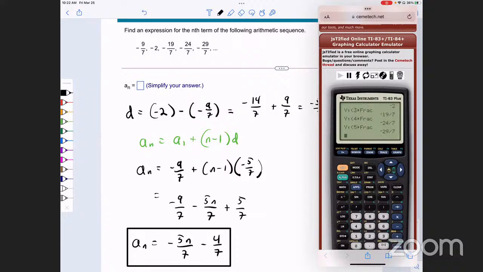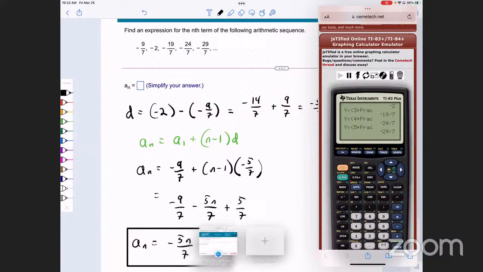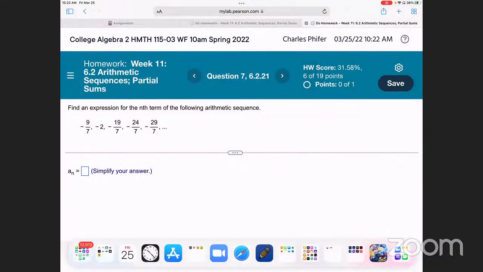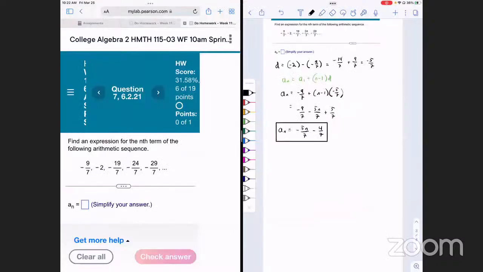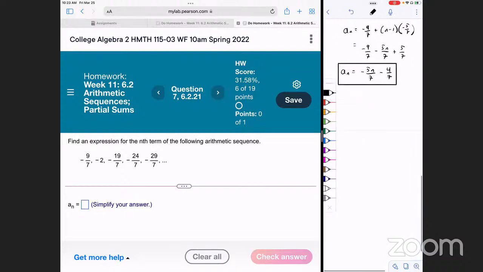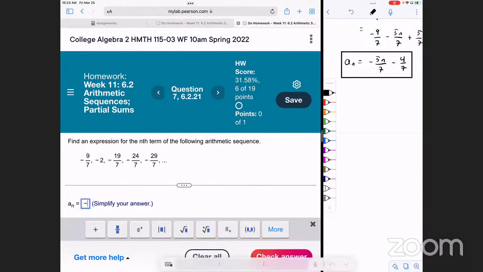Okay. So we got negative 5n by 7 minus 4 by 7. Negative 5n by 7.